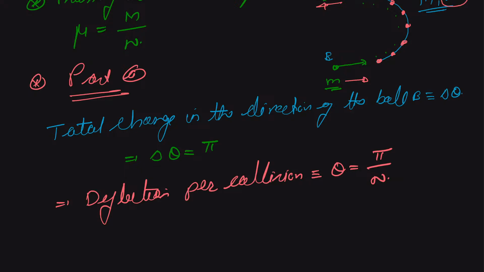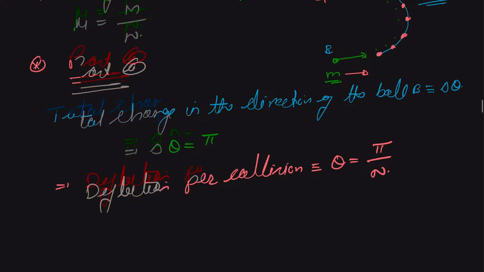So this is our deflection per collision. And we are going to make an analysis of one collision, and then we can extend it to the other collisions.